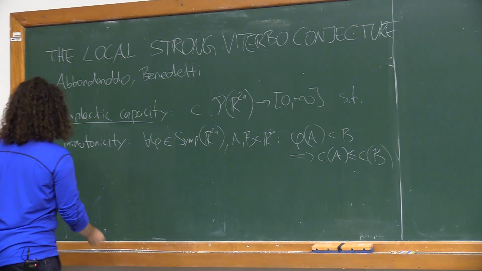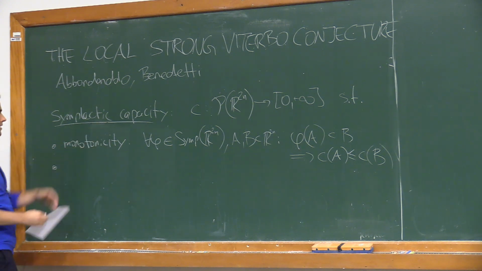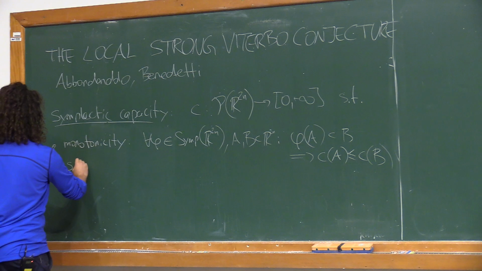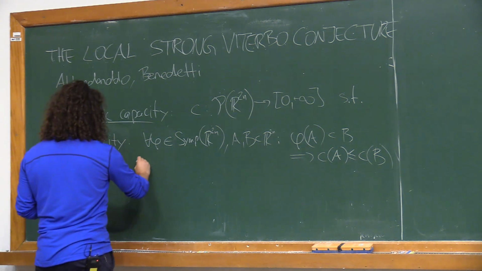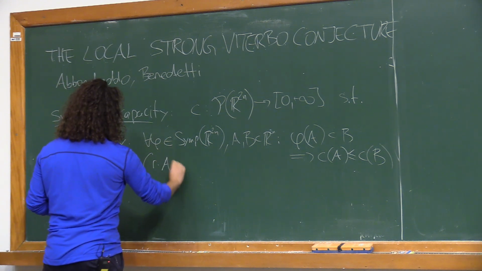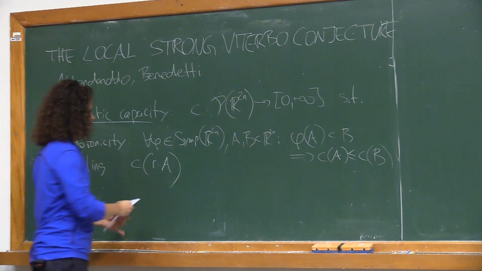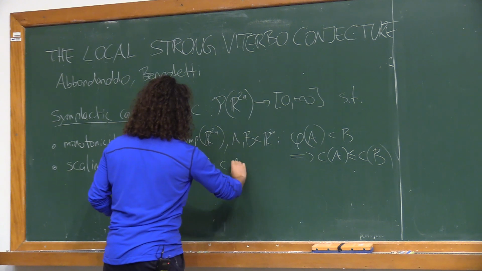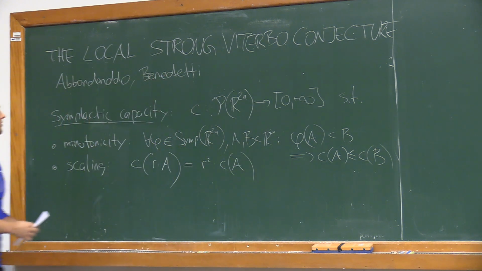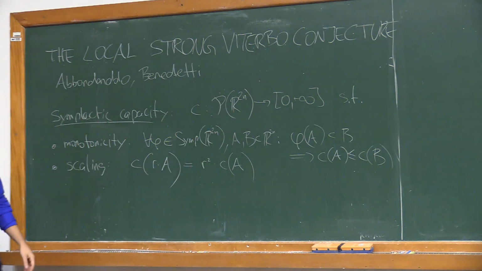Right, and the second property is that the symplectic capacity should be like a two-dimensional quantity, and the way I want to state that is that it has a scaling property: the capacity of R times A, if A is scaled by some positive real number R, is R squared times the capacity of the set A. Sometimes it's called an extrinsic capacity because we're talking about subsets of R^2n, but for my talk, that's going to be a capacity.